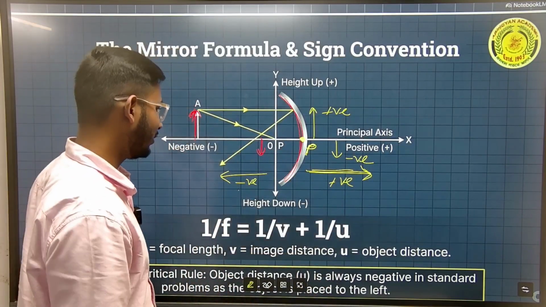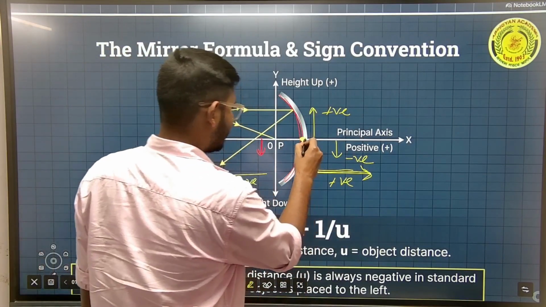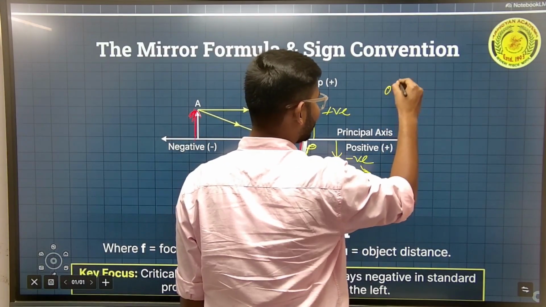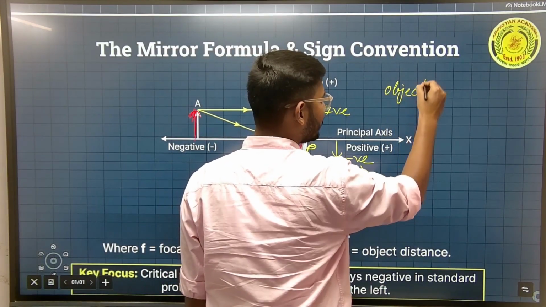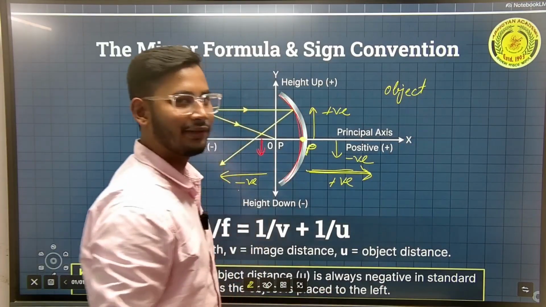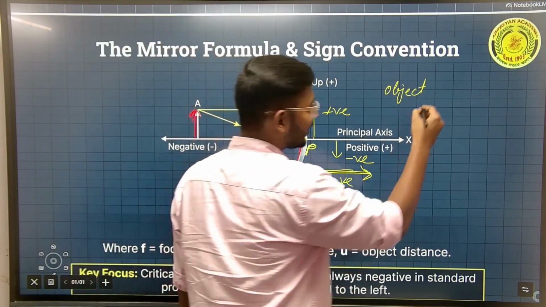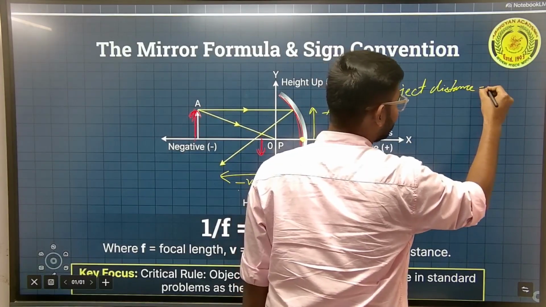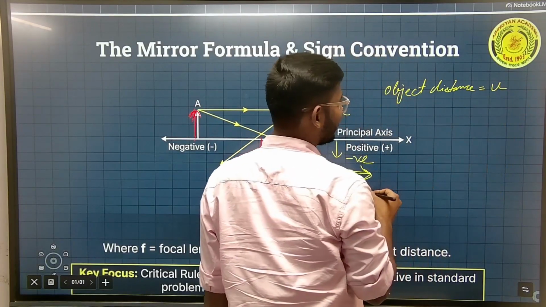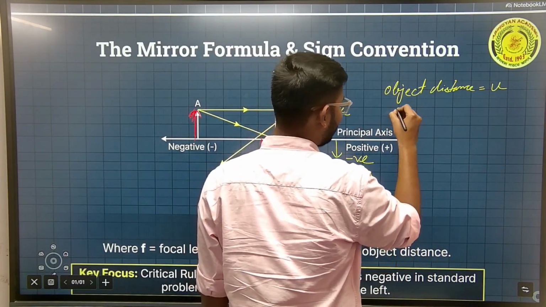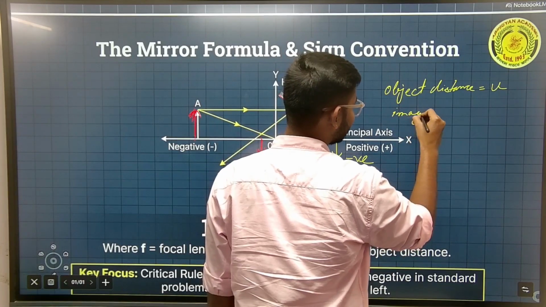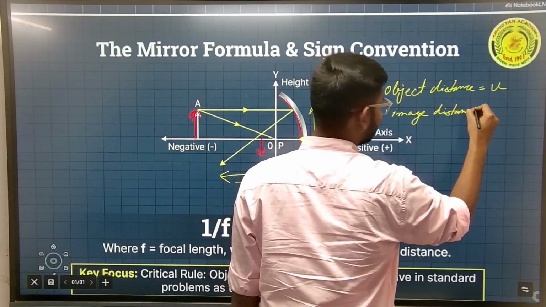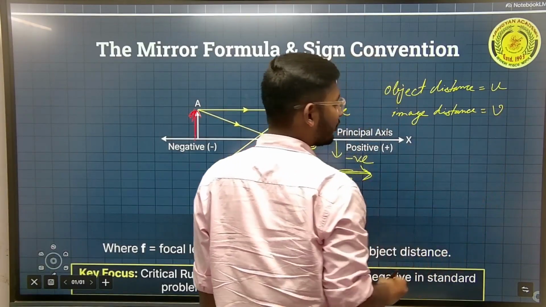Now we always denote the object distance, I have already told, by calculating the distances from the pole. The object distance is always denoted by small u. The image distance is always denoted by small v.